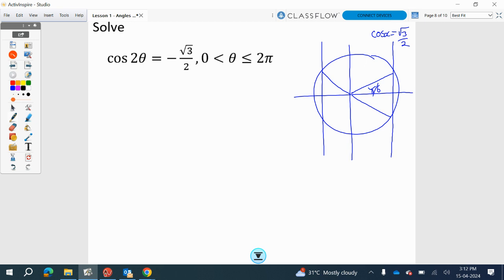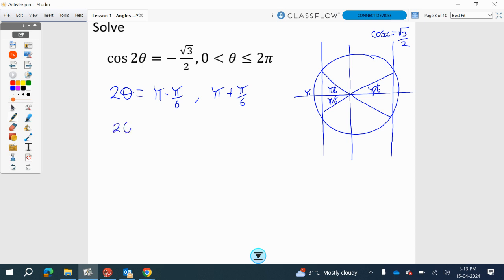So you've got to use the symmetry of it. That means this is pi over 6, this is pi over 6 here, this is pi there. So my two angles are that 2 theta is going to be pi minus pi over 6, or plus pi over 6 would be that second one.